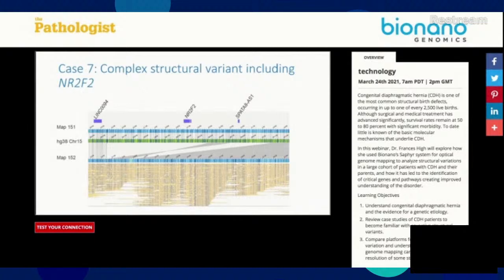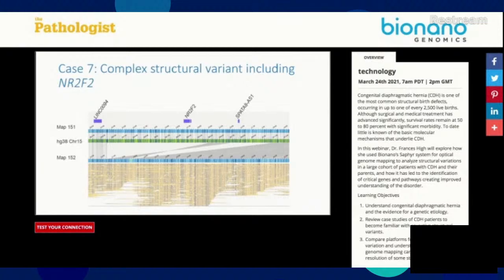gene. In contrast to the other cases that I just showed you, where there is a large deletion including multiple genes, this is instead a structural rearrangement that seems to be specific just to the NR2F2 gene. To walk you through this a little bit, we've got the reference genome in green, and then the maps from the patient in blue.